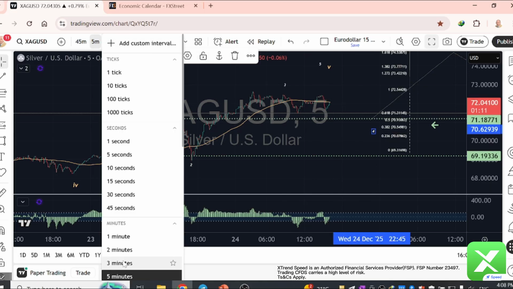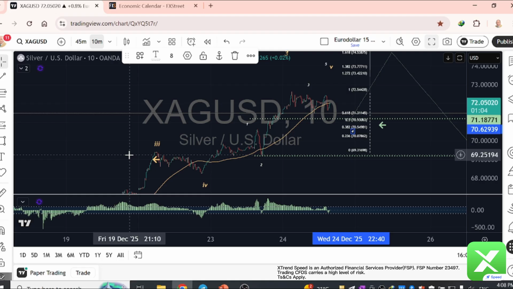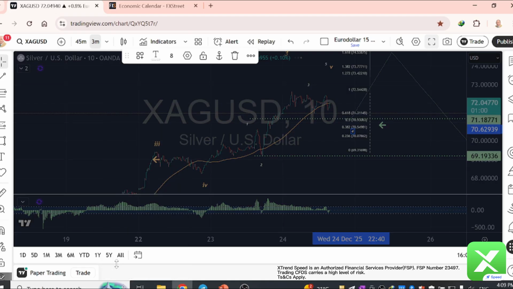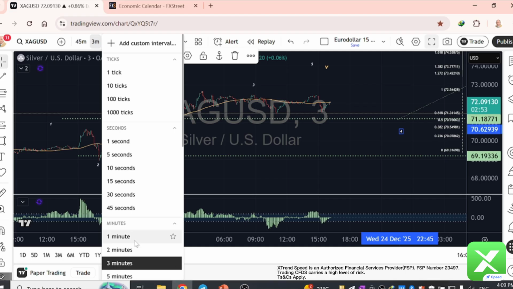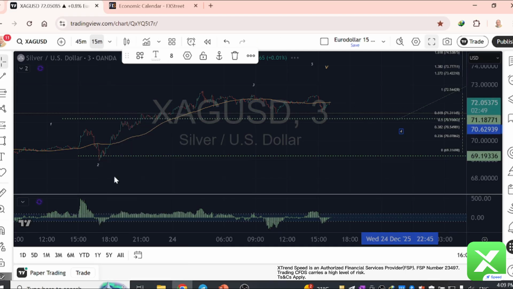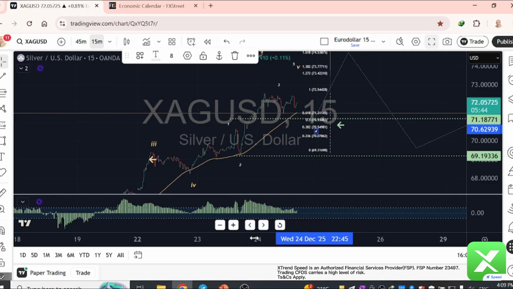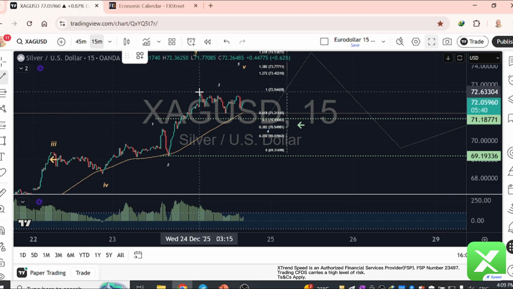Take it to the 10 minutes, check different frames, and 2 or 3 minutes. All right, back to 15. So the splatter momentum we're seeing on the 3 and on the 5 minutes leads us to consider we're seeing this.